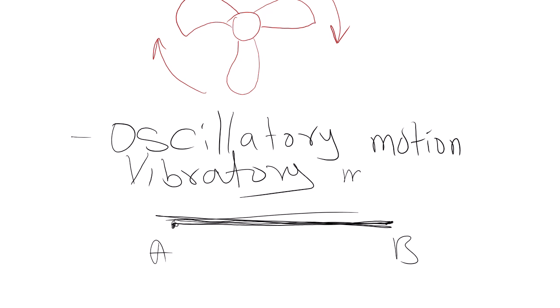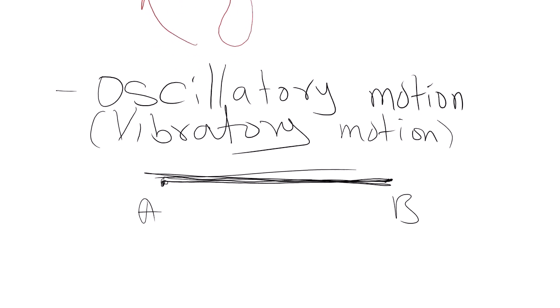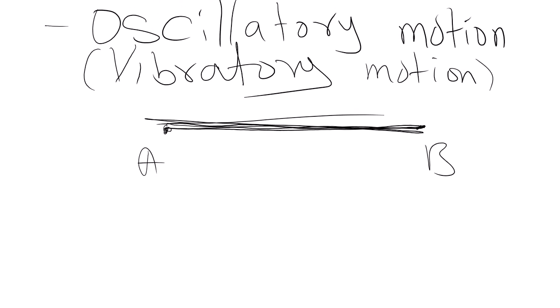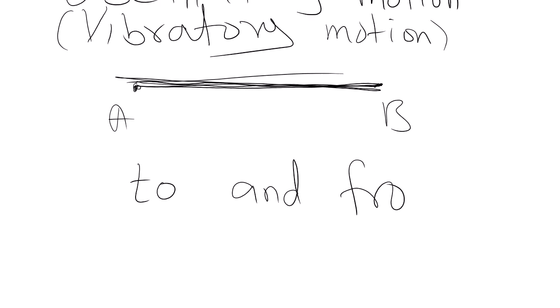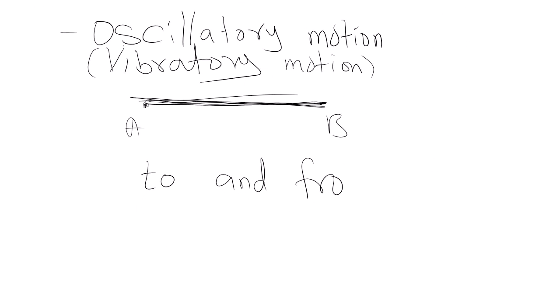It is the same thing, not a different thing. Oscillatory motion is a type of motion where an object moves back and forward, they say to and fro. When an object moves to and fro, then this object is in vibration.